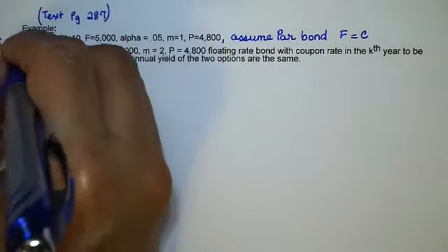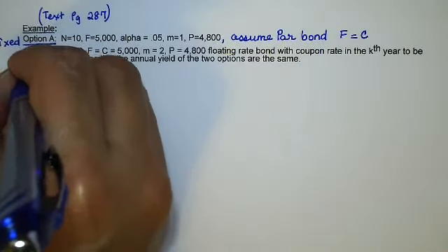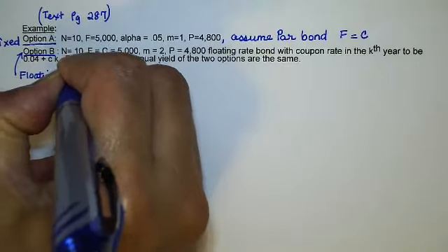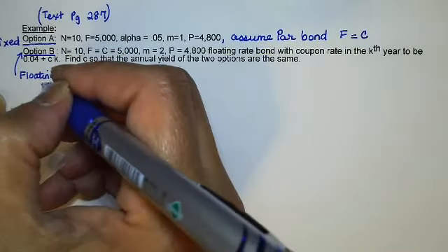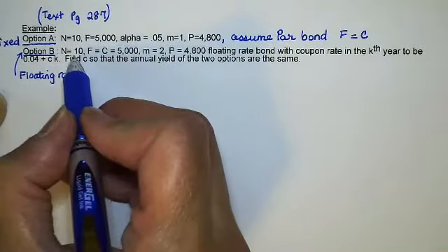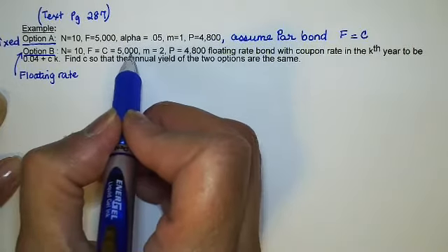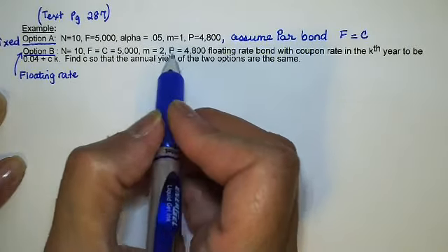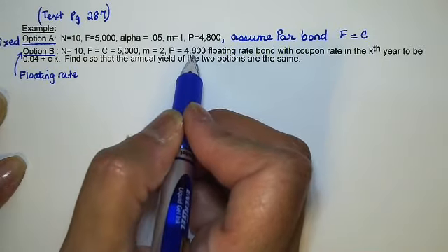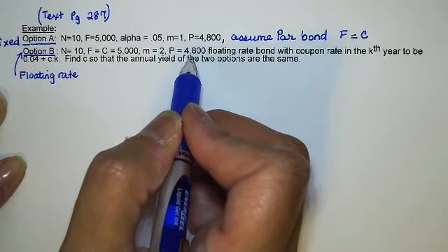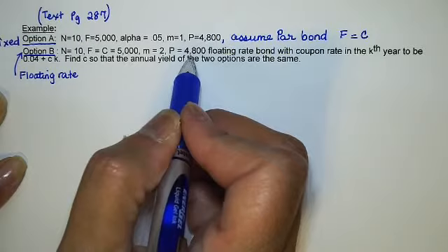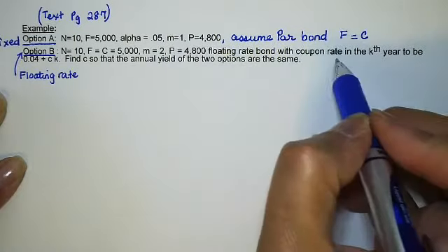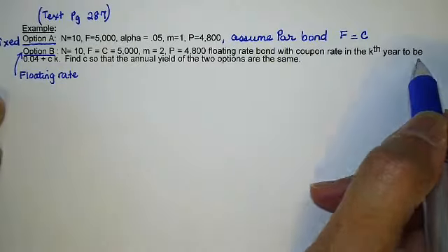And option B is a floating rate. It's a 10-year. F is equal to C, so par bond with semi-annual coupons. Price is 4,800, so price is lower than C, meaning discount bond.